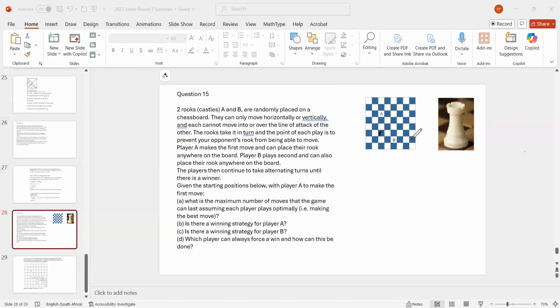Right. Then B, he doesn't want to be pushed into the corner. So what he does is he moves away from the corner. So he moves into that position.